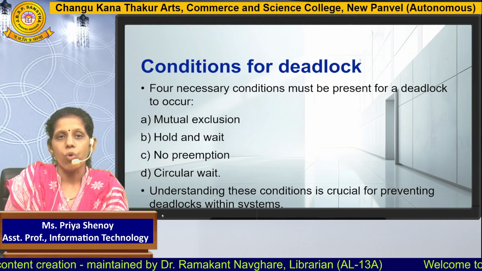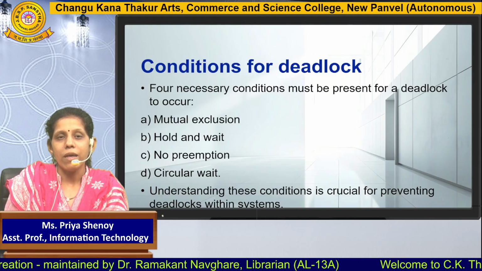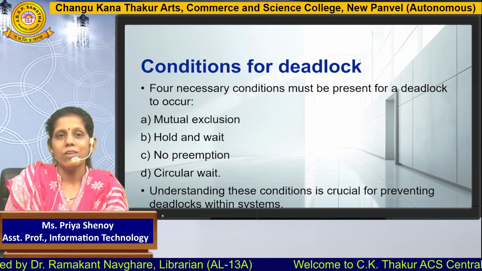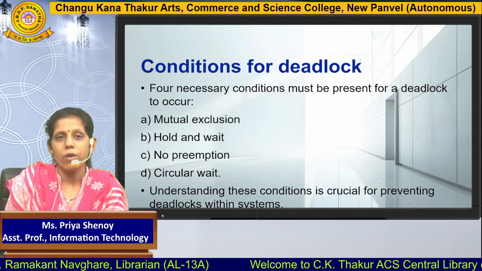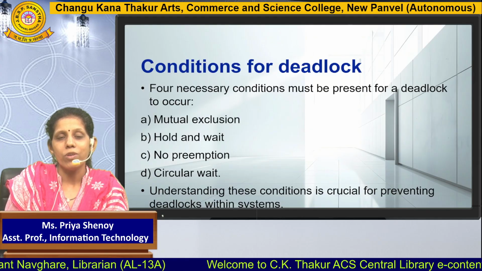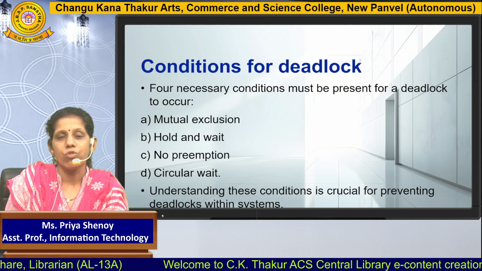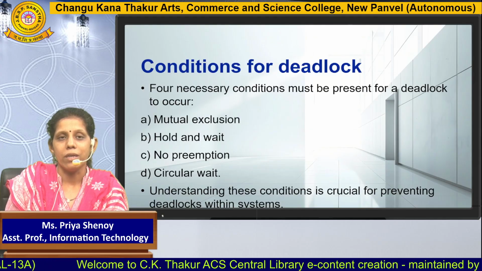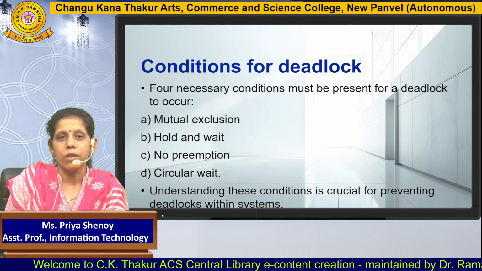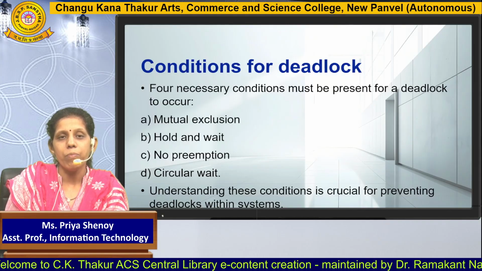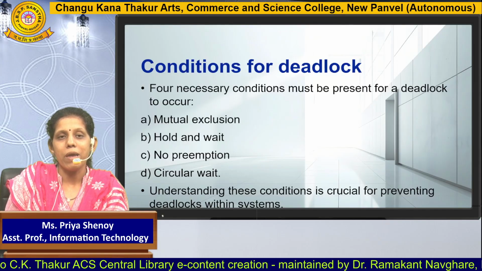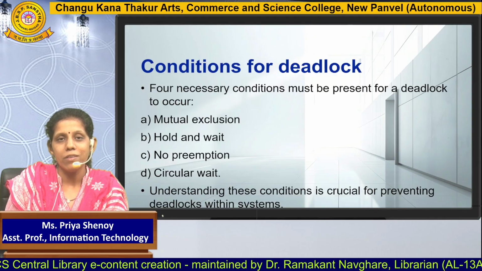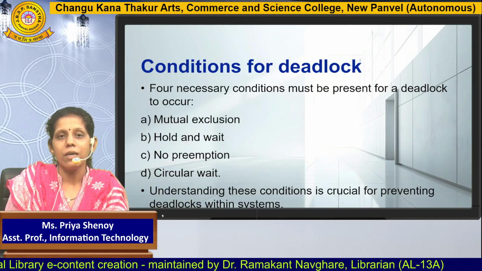Then third is no preemption, which means whenever a resource is allocated to a particular process, the process is not allowed to release that particular resource, or no process can forcefully take the resource from the process to whom the resource has been allocated. Last condition is circular wait, which means one process, suppose P1, is holding R1 which is required by the next process, and the circle continues.